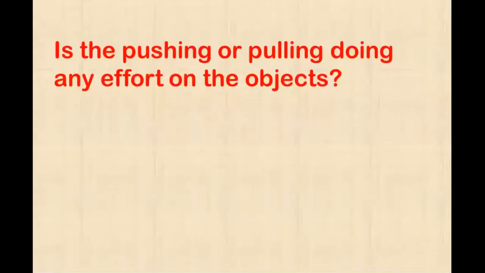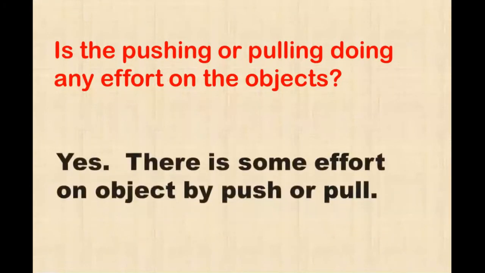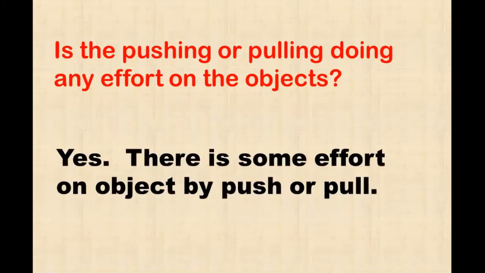Okay, children. Now, is this pushing or pulling doing any effort on the objects? Yes, there is some effort on the object by push or pull. So it is showing some effort.